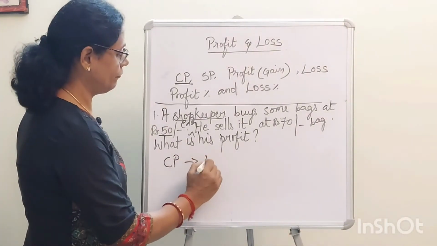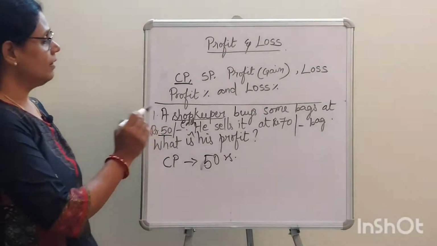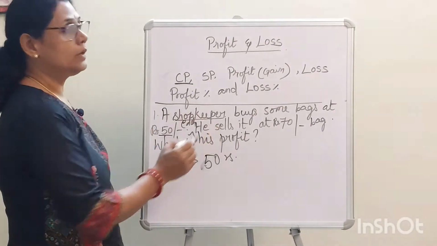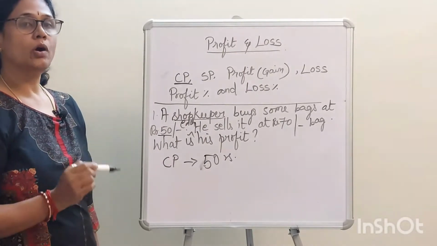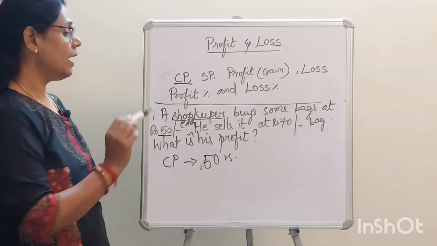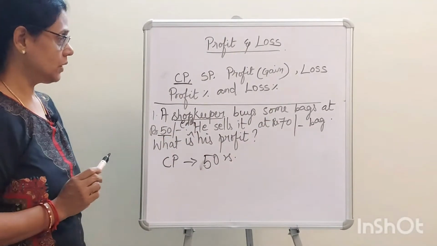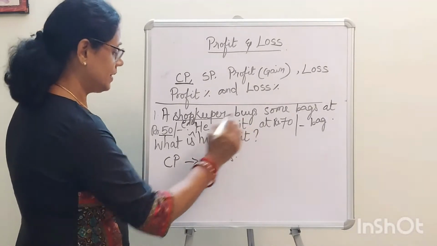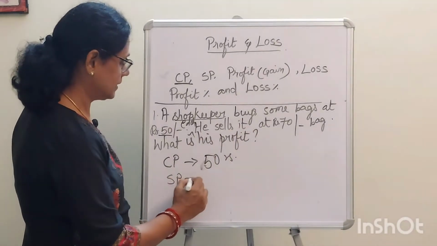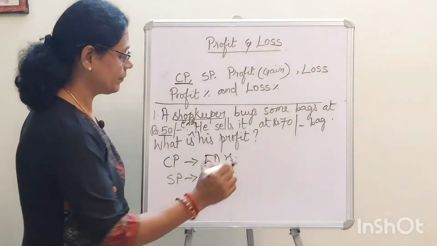Cost price is 50 rupees. Now he is running a shop and he sells these bags at rupees 70 for each bag to his customers. So it is his selling price. Selling price is 70 rupees.